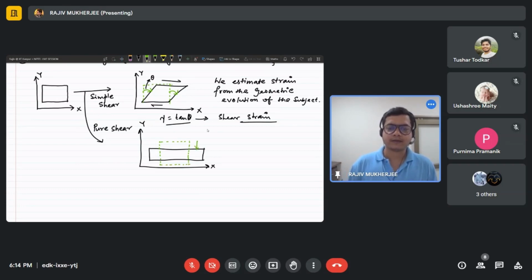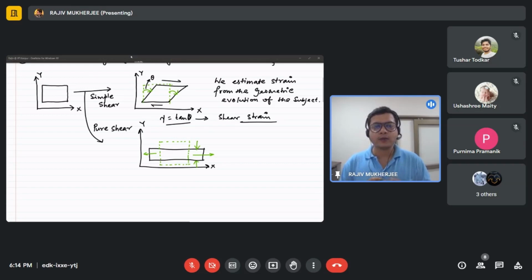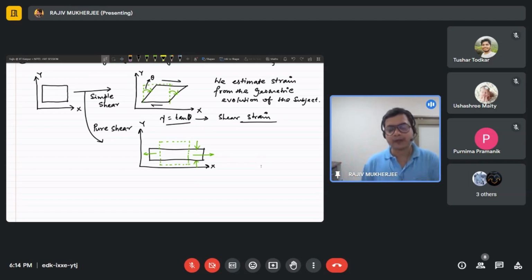So this is the compaction and this is the dilation, and in this case this is the rotation or the shearing direction. Right? So the point is that while you are doing an experiment, whether it is a simple shear or pure shear, in experimental condition you always know what is the initial shape of the object or the initial geometry of the subject that is being deformed.